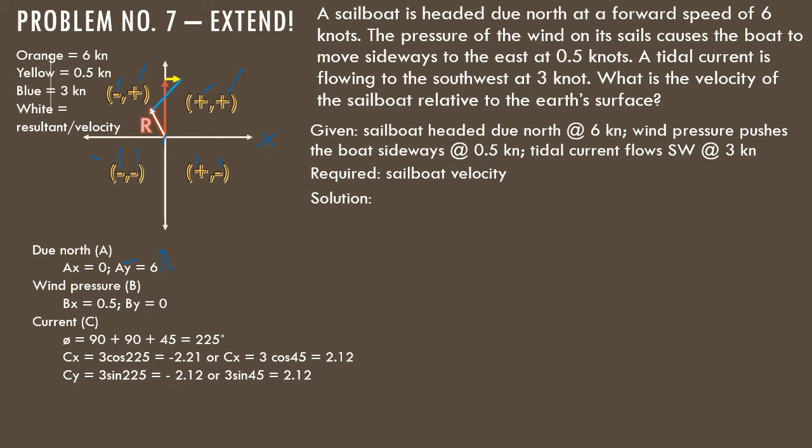Kaya siya nagkaroon ng value. So, the second factor is the wind pressure. So, yung Bx niya naman, since nagkaroon ng movement towards east, so merong Bx is equal to 0.5. However, when it comes to By, wala namang movements na nangyari with respect to the y-axis, kaya 0.